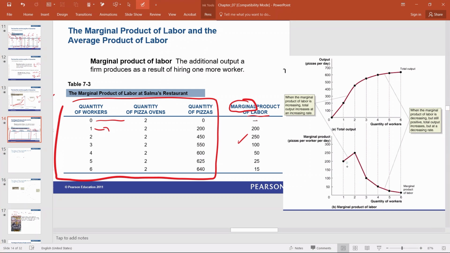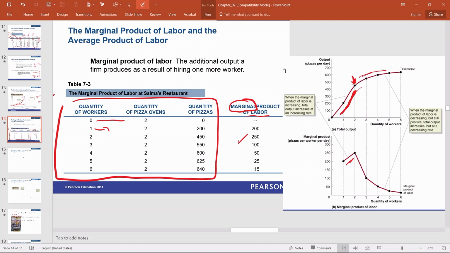But look at the relationships here. When the marginal product of labor is increasing, total output is increasing at an increasing rate. And this is called the inflection point, where the curve turns from an increasing rate to a decreasing rate.